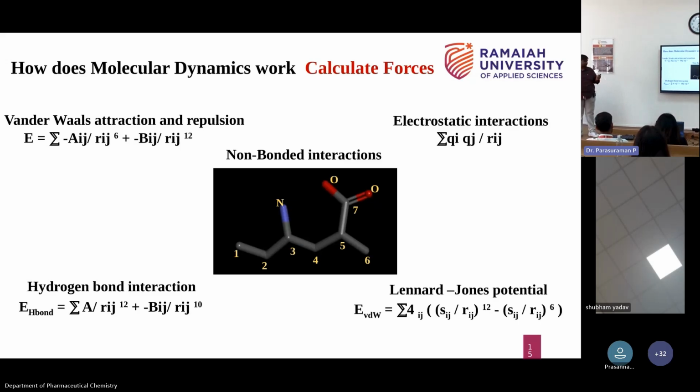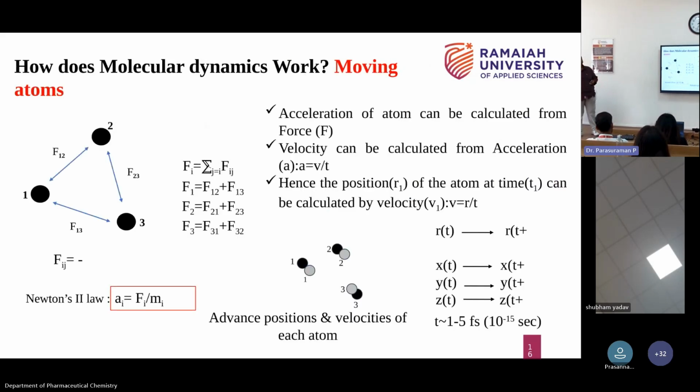It calculates that. After calculating the interactions, now we'll be calculating the force experienced by each atom. For example, if you consider atoms 1, 2, 3, atom 1 will be experiencing force from 2 and 3, and vice versa: 2 experiencing from 1 and 3, and 3 from 2 and 1. Generally we'll be calculating this force on each atom by using simple linear algebra.